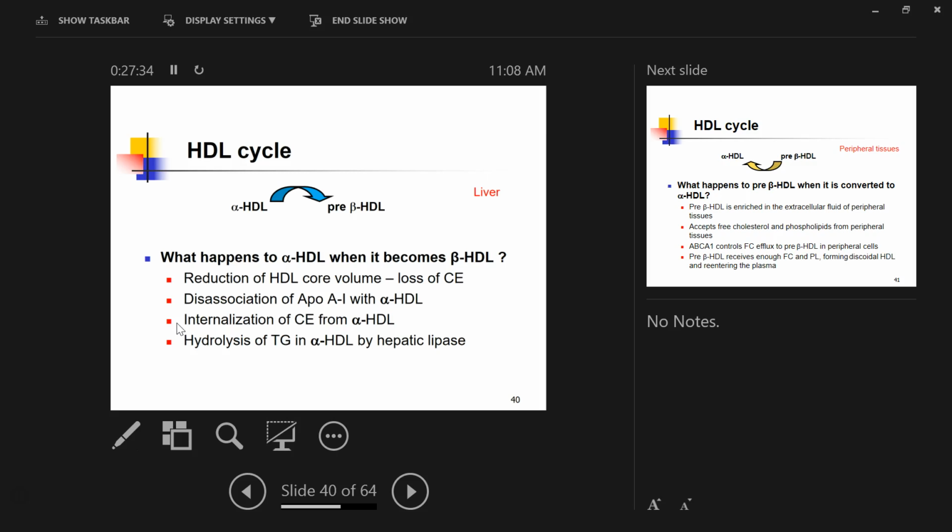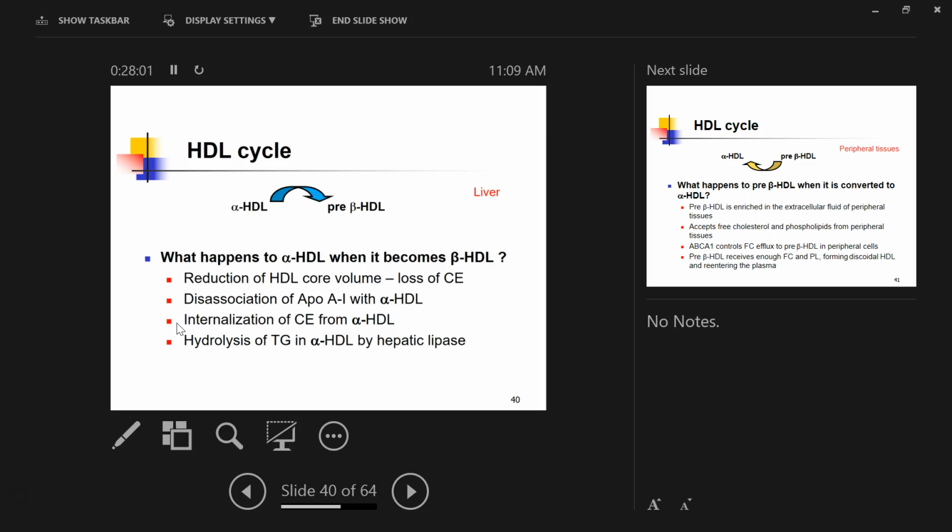So what happens to alpha HDL when it becomes beta HDL? Beta HDL is an empty truck, and alpha HDL is filled with trash, like cholesterol. And so several things happen to the alpha HDL.